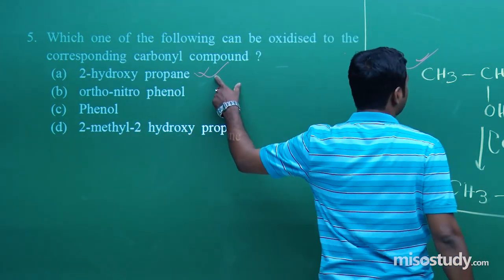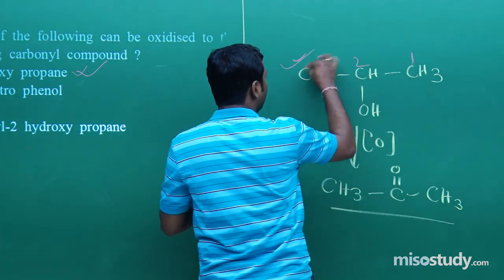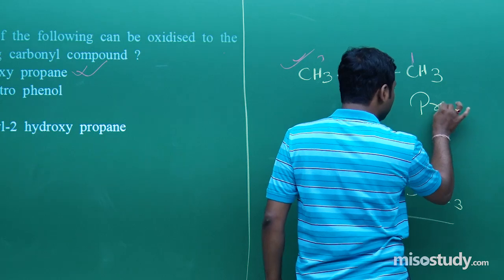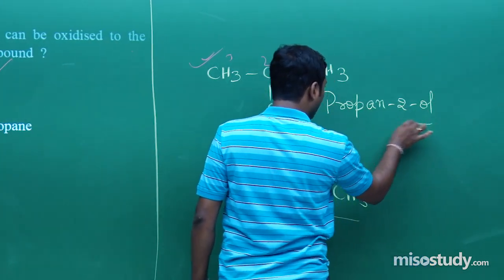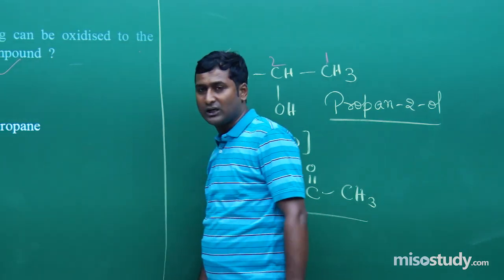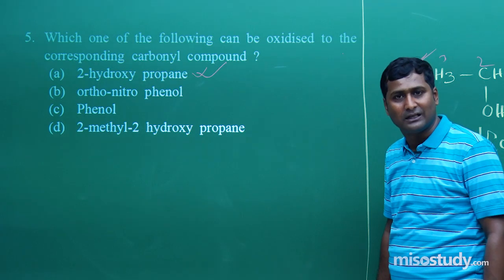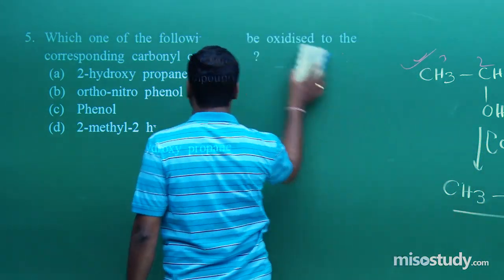So here this is not the correct name. The actual name, the correct IUPAC name, is propan-2-ol. Clear? So for question number 5, we can say A is the correct option. Clear? Now let's move to the next one.